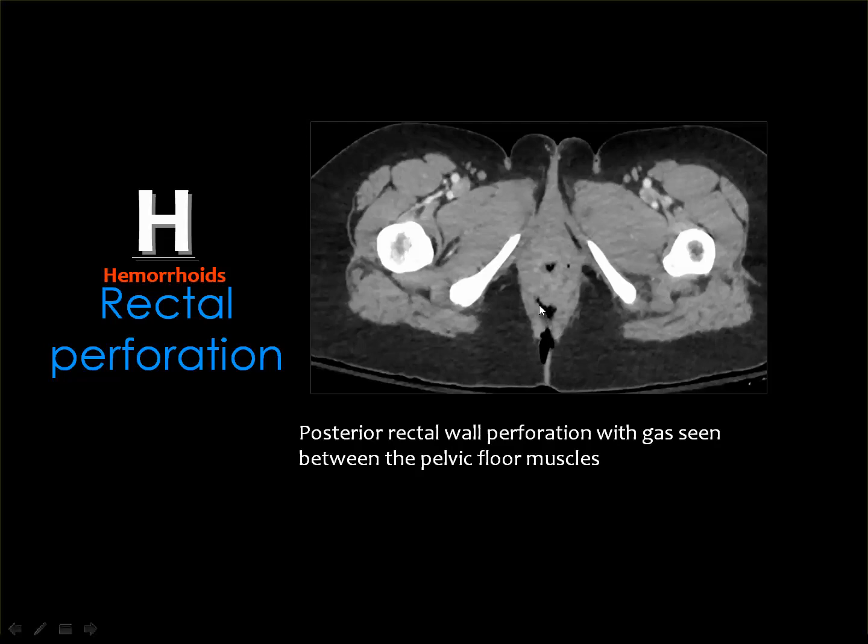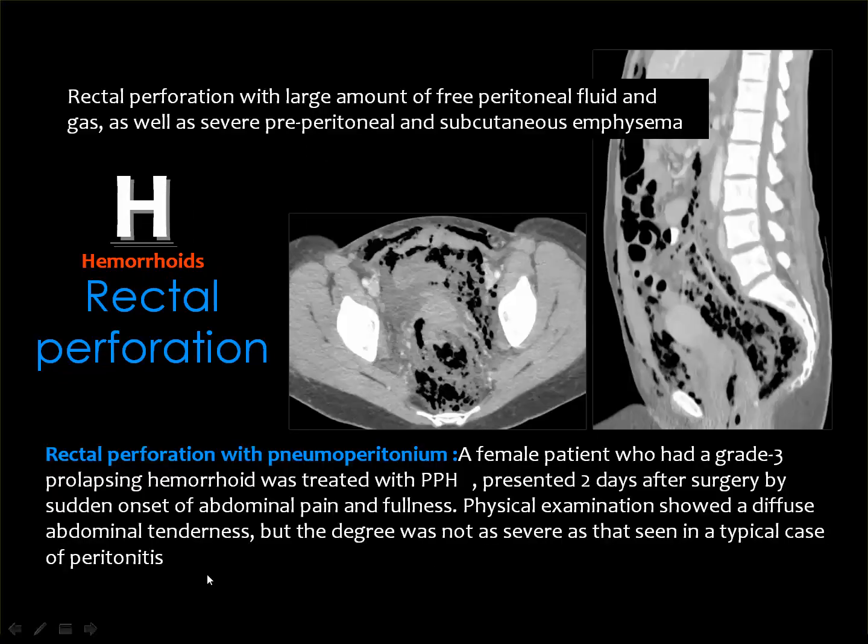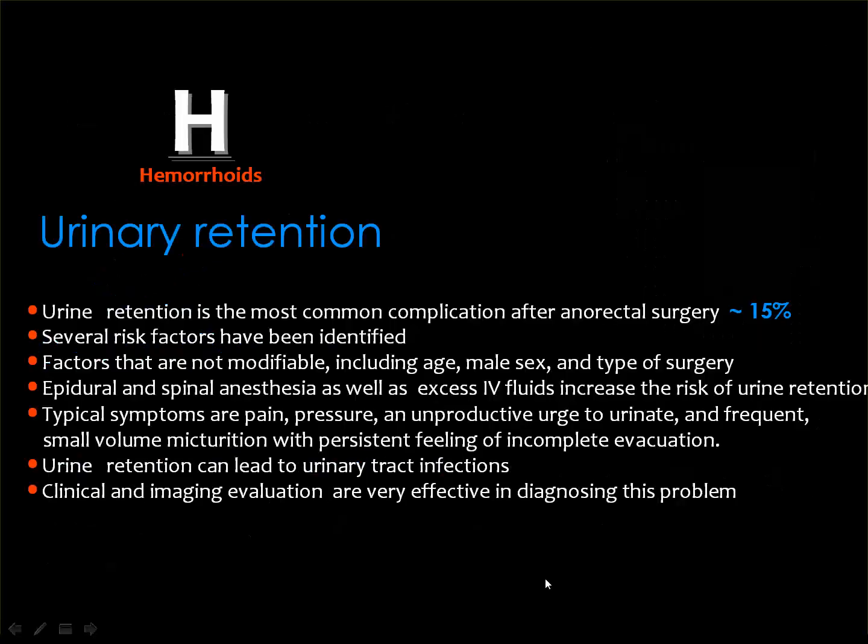Actually, you may think that this is secondary to an infection and the presence of abscess formation, and this should be guarded carefully to assess the possibility of perforation. But this is clear evidence of perforation after hemorrhoid surgery, and you got extensive air in the retroperitoneum and intraperitoneal 2 days after surgery.